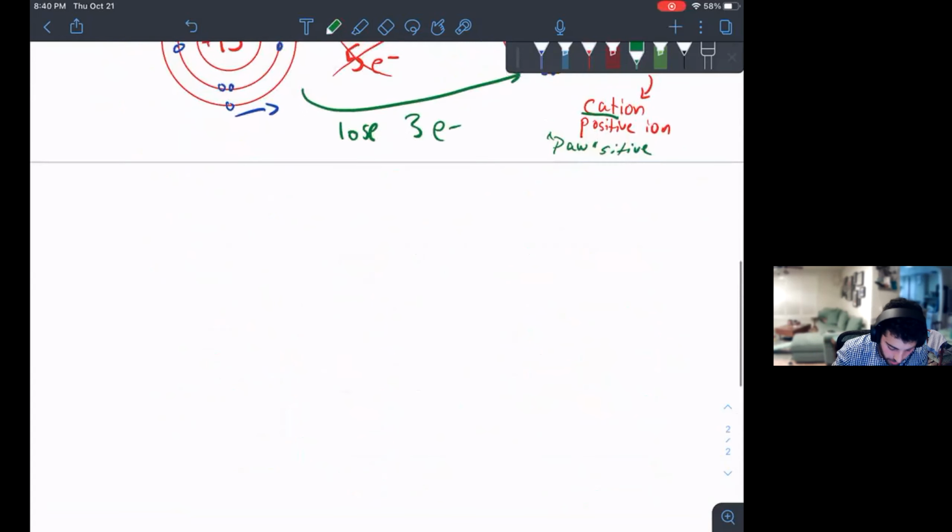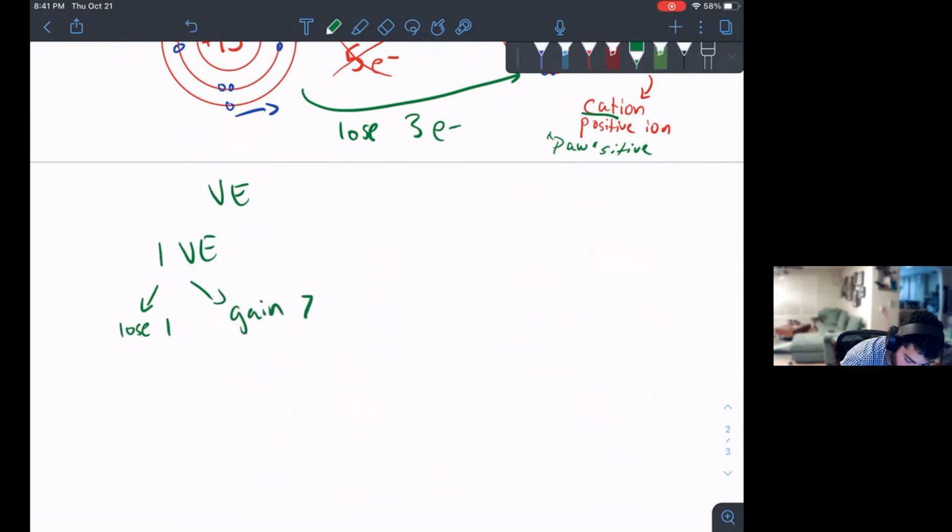One quick thing to look at is when we are looking at valence electrons, if you have 1 valence electron, you could either lose the 1 or gain 7, and just always go with the option that seems like less work. Atoms are lazy. Losing 1 versus gaining 7, you can think of it as 1 homework problem versus 7. You're going to pick the one that has less.